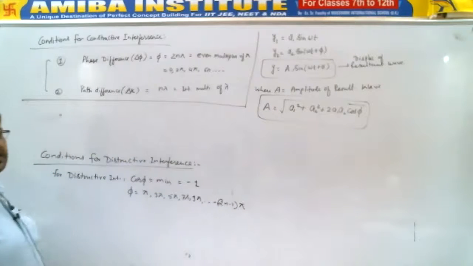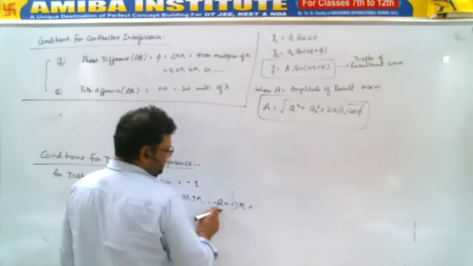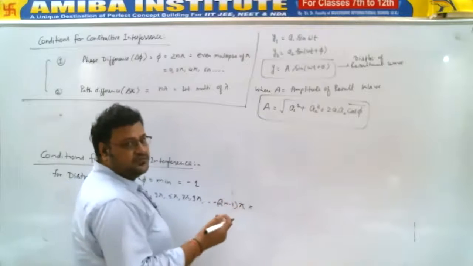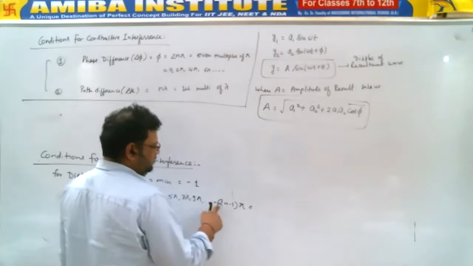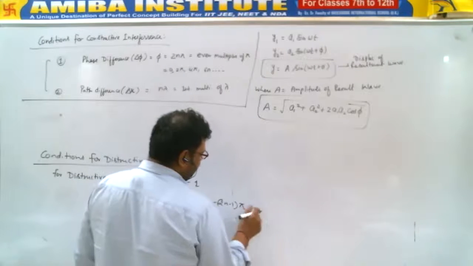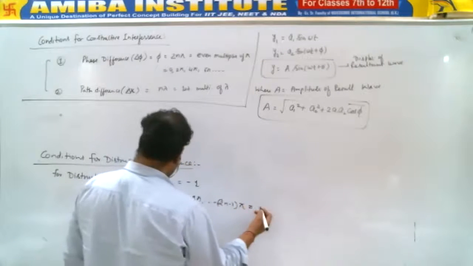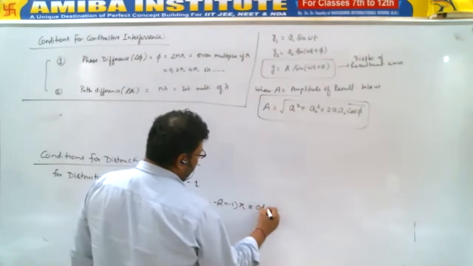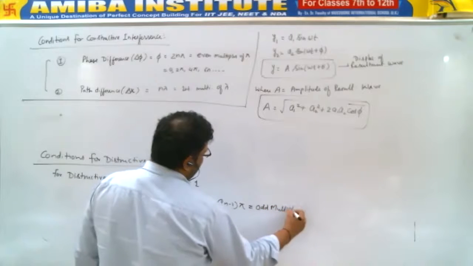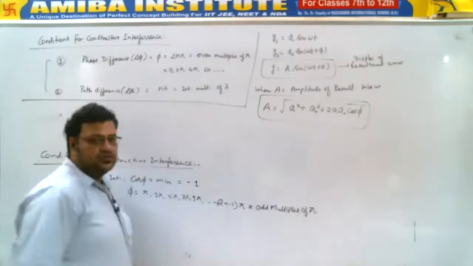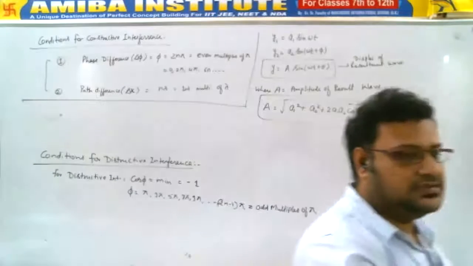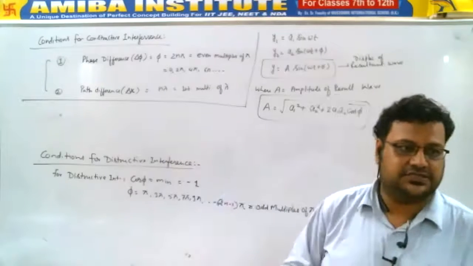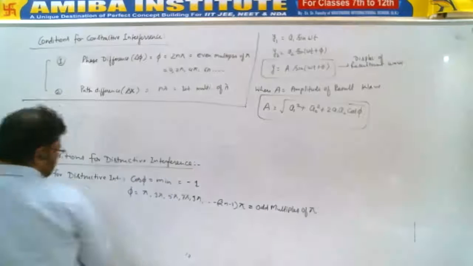That means odd multiples of pi. You can write even 2n plus 1 if you put n as 0. If you want to start from 1, then you put 2n minus 1. So whatever you want, you can. Phase difference between them should be 2n minus 1 pi, odd multiples of pi. So whenever there is a phase difference of odd multiples of pi, the interference which will take place should be destructive interference, right?